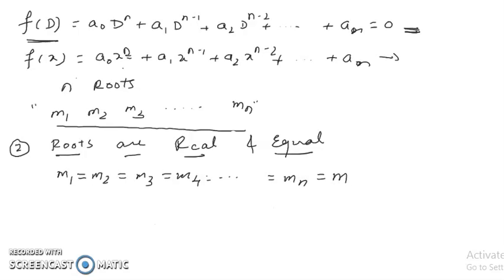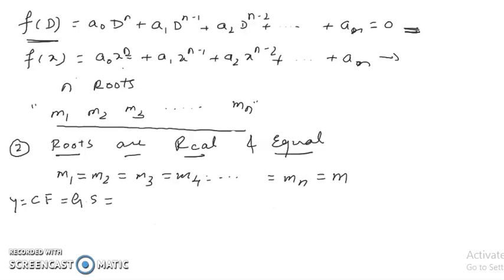In this case I have to write the CF, which is nothing but a solution of the given differential equation, or we call it the general solution since it is a homogeneous differential equation.